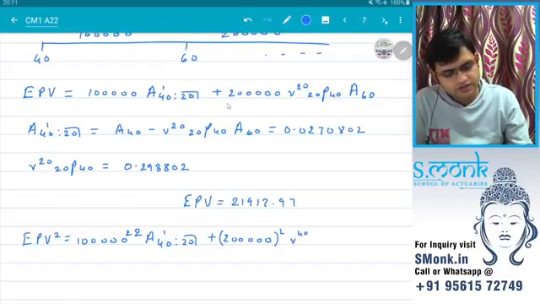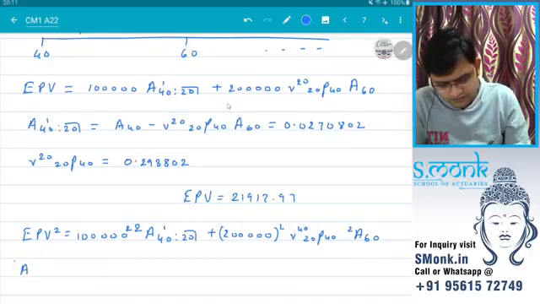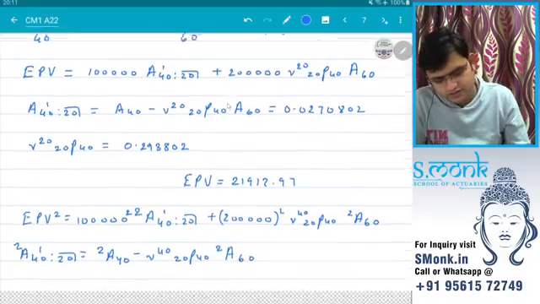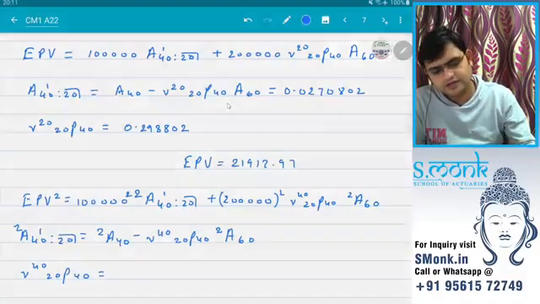We'll have v raised to 40, 20p40, 2A60. 2A40-20 will give us 2A40 minus v raised to 40, 20p40, 2A60. I'll just multiply 20 more here.